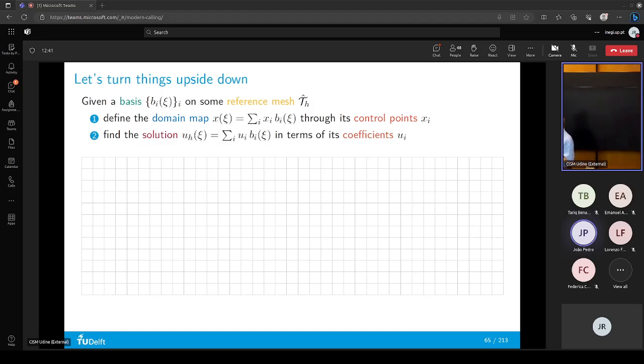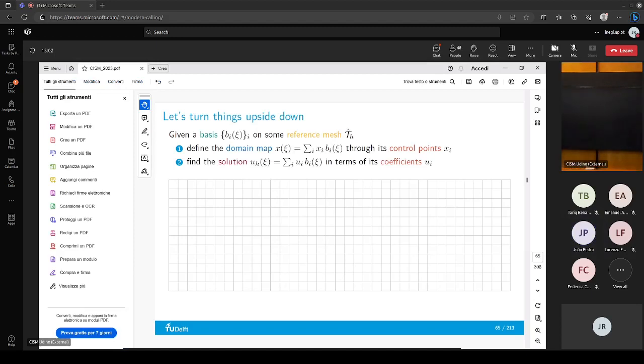Because let's assume, and this is again 1D, that we are not starting from the geometry, create a mesh, and then define the basis functions, but we start from a basis on a reference mesh, not element, mesh. So I make a reference mesh.